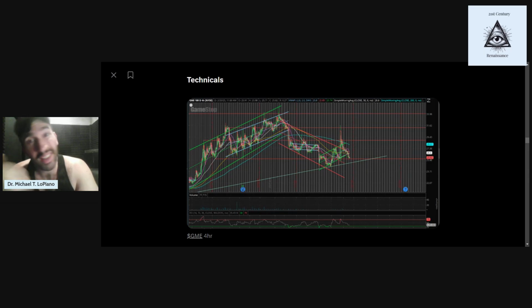And 25, of course, is a psychological number on top of that. We might have something of a put wall effect, depending on what the composition of that level is. It's hard to say. But 25 does look like a reasonable support. That's a big support.